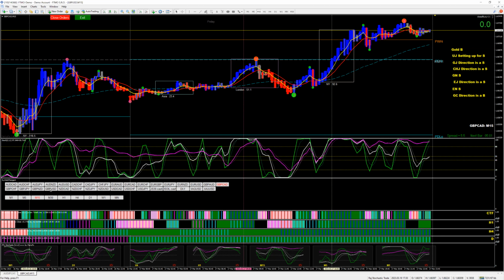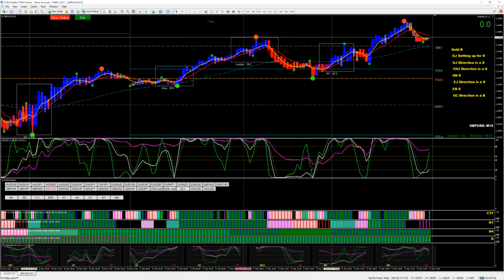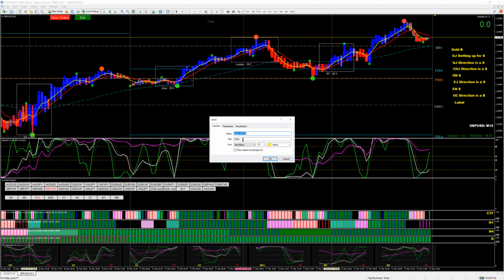Pound dollar direction is a buy. GU direction.